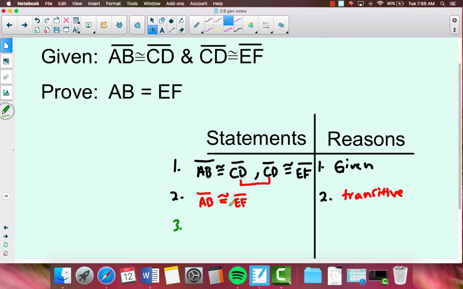So to make this change to an equal, where we're talking about the measure, I'm going to rewrite my letters. So AB is equal to EF. And the reason I can change that is because of the definition of congruent segments. Okay, if I know the segments are congruent, I can say their measures are equal. And that's it, because that's what we wanted to prove, so that would be the final equation.